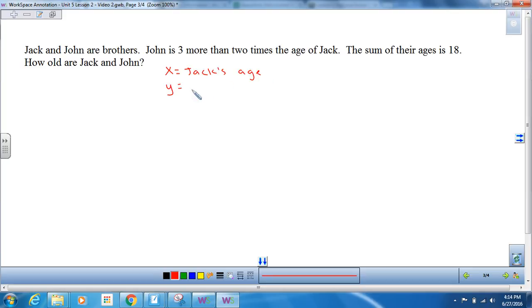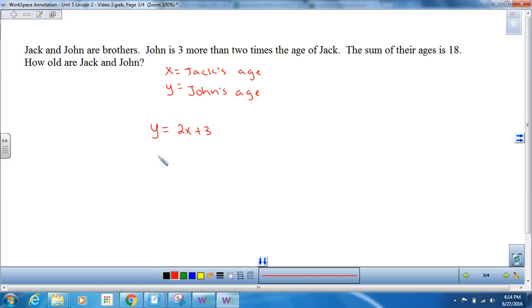You can use Jack or John. Y is John's age. You just have to distinguish from the beginning. Okay, John is, so that's Y. Y equals 3 more than 2 times the age of Jack. So 2 times the age of Jack, so 2x, and then 3 more than that.